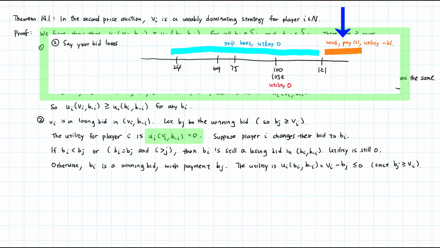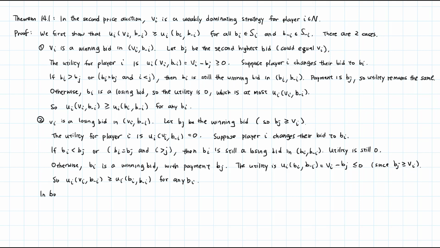And since the utility for playing VI is 0, playing BI has utility less than or equal to playing VI. So we can conclude that playing VI is at least as good as playing anything else in this second case. So, in both cases, bidding VI gives the highest possible utility among all possible bids for player I, and that completes the first part of this proof.